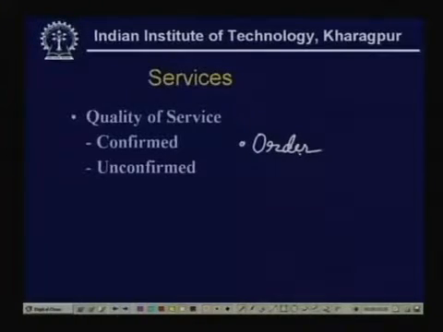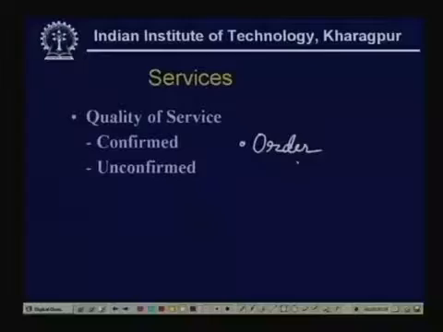Suppose we are sending 3 letters one after the other, or say we are sending 3 volumes of a book one after the other. First we send volume 1, then we send volume 2, then we send volume 3. If it is not maintained, it may so happen that at the other end it is not received in the same order.